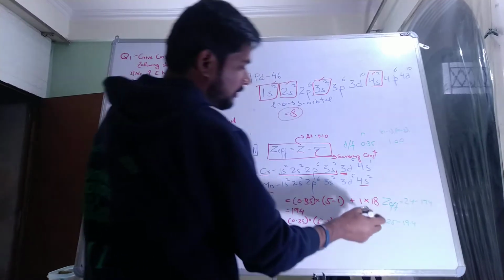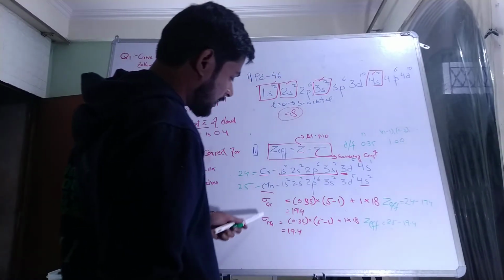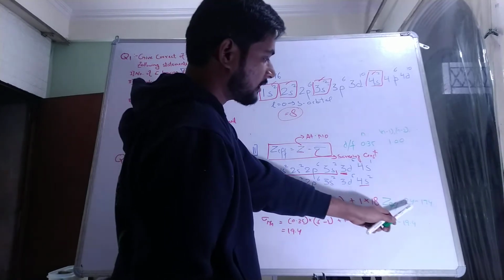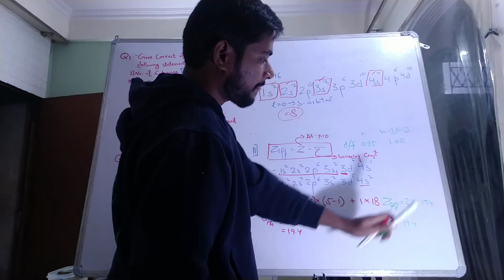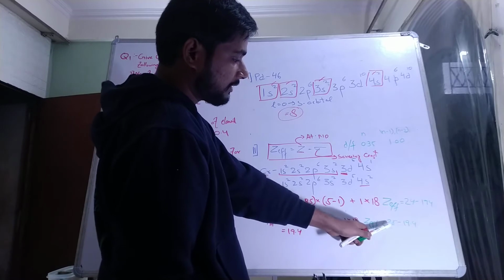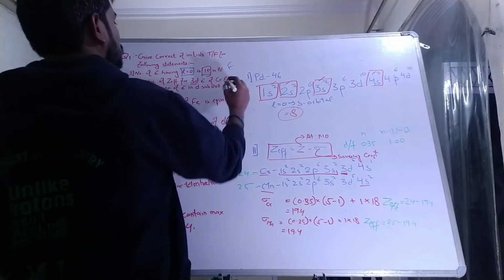So from here only we can say that the Z effective for Cr and Mn will be different, because in Cr we are subtracting 19.4 from 24 and in Mn we are subtracting from 25. So the second option is also false.